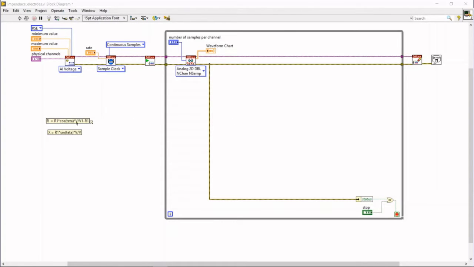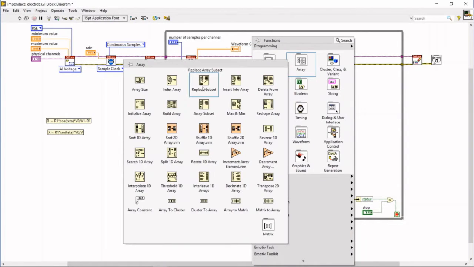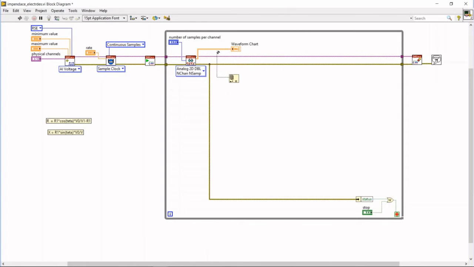Because we need both V0 and V1, I'm going to need both of those signals here, not the joint one. So I'm going to use the Index Array function to collect that data, and this is V0, that is on the first row of the data.